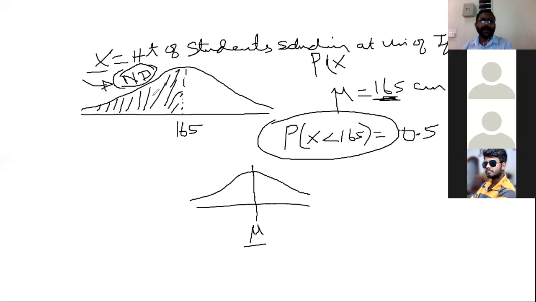So what is this area? The people who are having the height less than 165, which is 0.5. Similarly, if I ask another question, the height of the students who are having more than 165 centimeters, what is the probability? Again, it is 0.5.